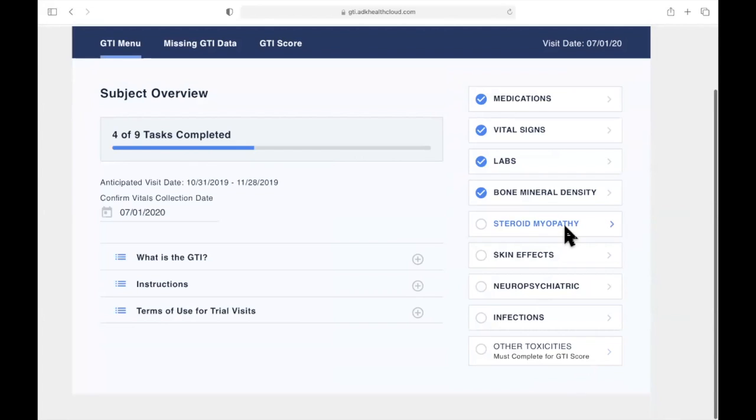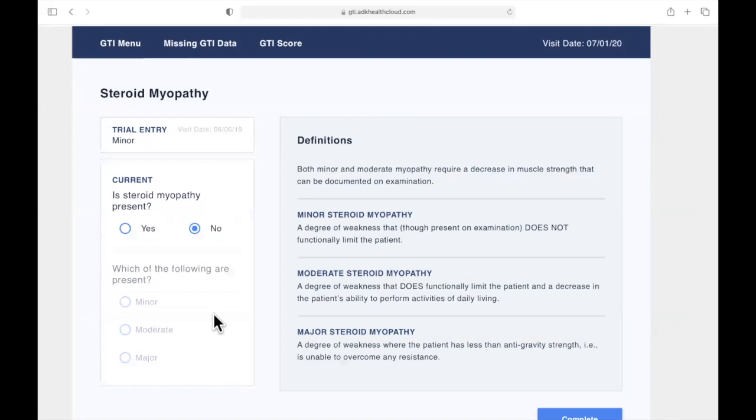So the patient did have myopathy at baseline, but now it has resolved. So up in the upper left, you see that he had a minor steroid myopathy at baseline. The app cues the investigator into what these definitions are. All of the use materials are contained within the app.